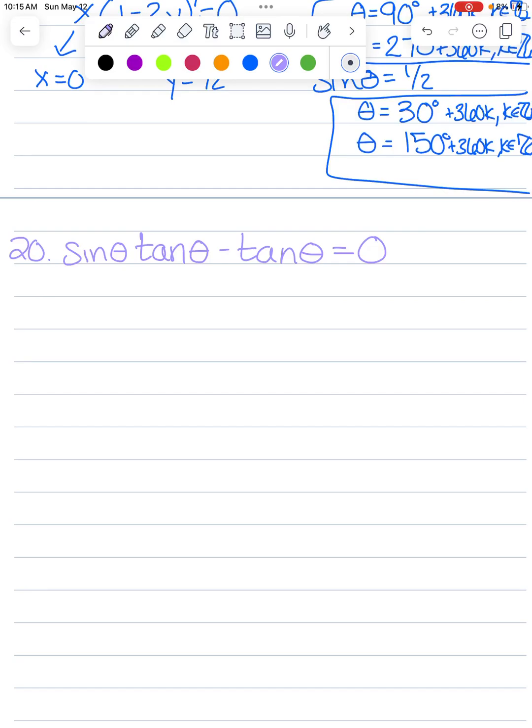Okay. Question 20. Sine of theta minus tangent theta is equal to 0. I notice this is equal to 0, which makes me happy because I also notice I can factor this. It's kind of like xy minus y equals 0. I can factor out a y. Split and solve: y is 0 and x is equal to 1.